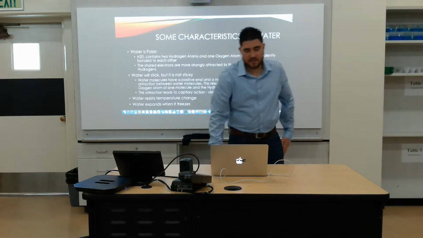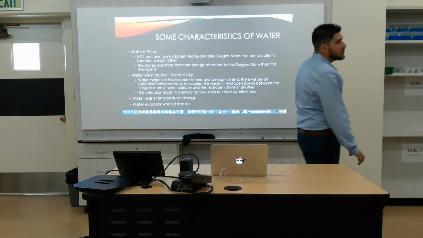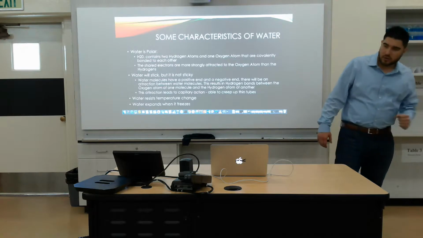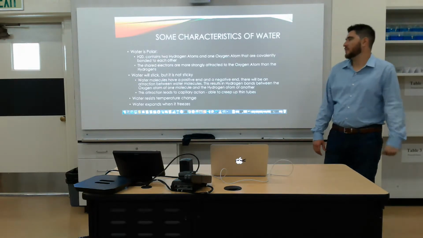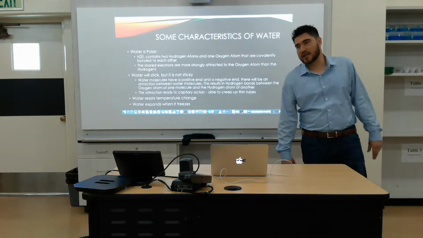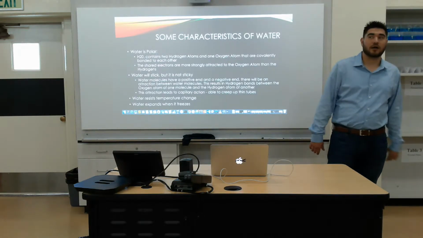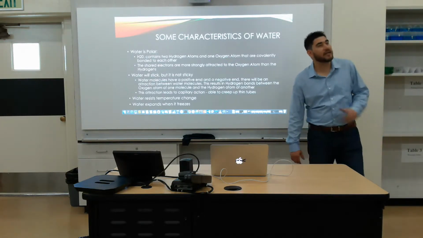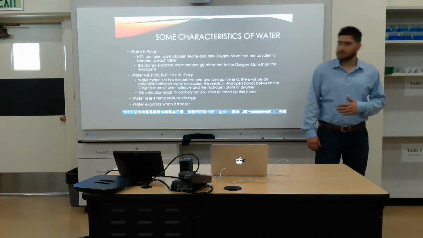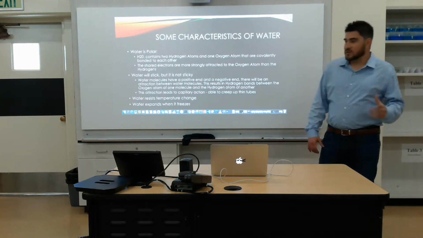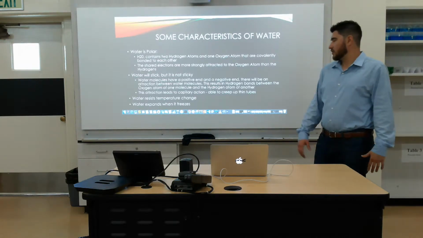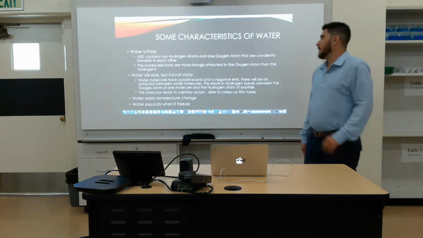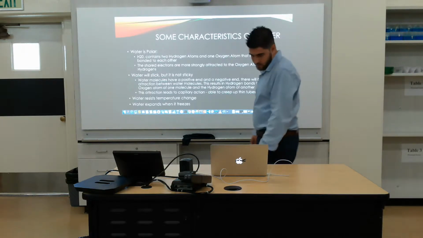So looking at some of the basic characteristics of water, water is a polar molecule, or a polar compound, if you will. It's made up of 2 hydrogen atoms and 1 oxygen atom, and they're covalently bonded to each other. The shared electrons between the 3 atoms that make up water aren't shared equally.